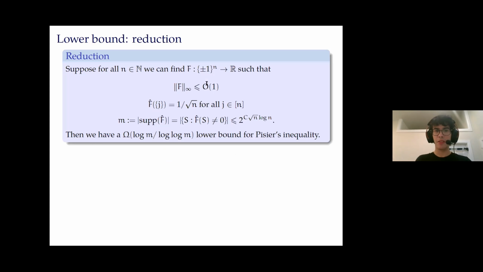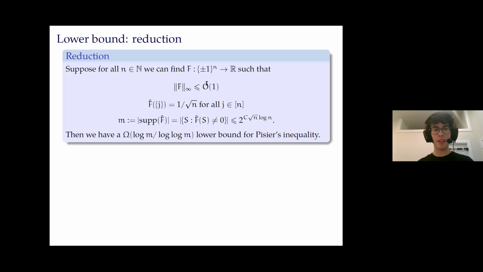Suppose that we can find this function f that maps the hypercube to R, and this function f is always upper bounded by a constant. The linear terms, for each singleton, are going to be 1 over square root n. And also the support is small. If we can satisfy these 3 properties, I argue that that will imply a log m over log m lower bound for Pisier's inequality.